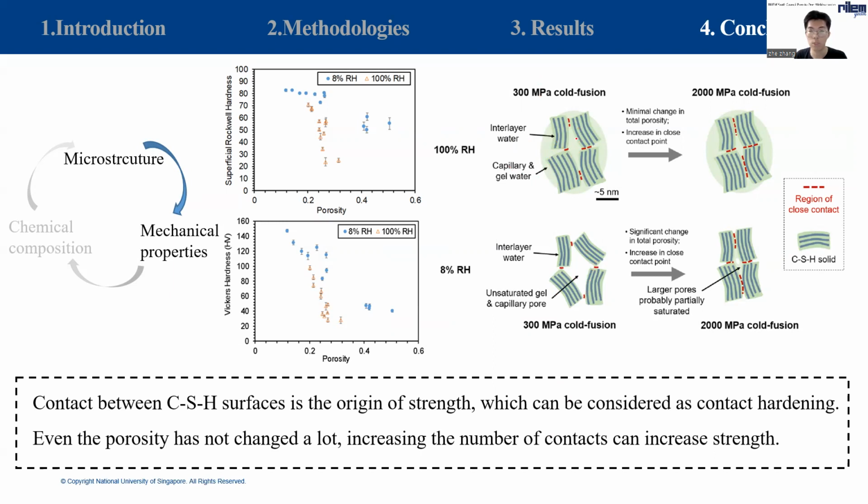The existing water prevents a significant decrease of porosity when using a larger compaction pressure, even though the contact points can still increase between surfaces, which also results in larger hardness values. Thus, the contact between CSH surfaces can be considered as a strength origin.